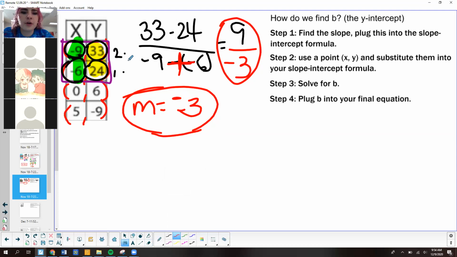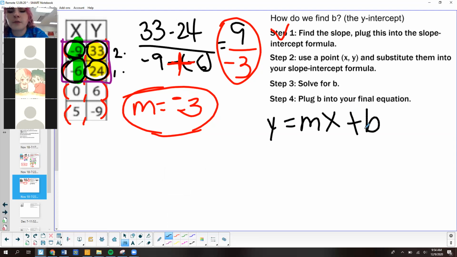All right, so we've got our slope. So step 1, find slope. Plug the slope into the slope-intercept formula. Y equals mx plus b. If you don't know what the slope-intercept formula is right now, you should definitely make sure you have it written down somewhere, because we use it all the time. Y equals mx plus b.